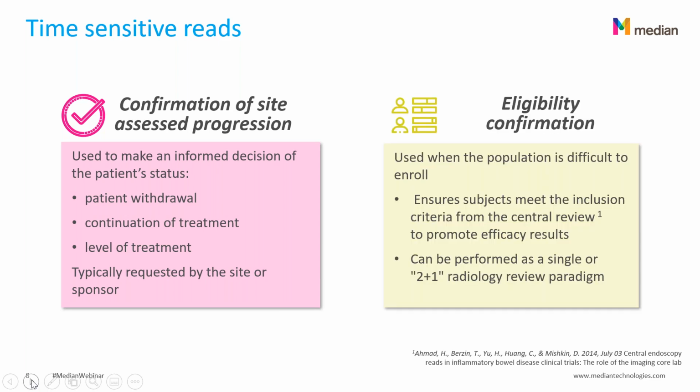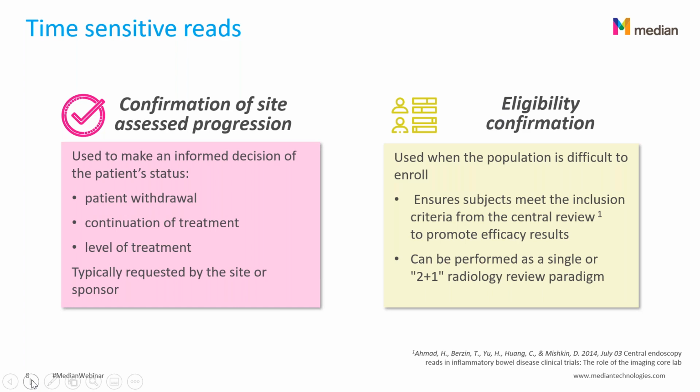The next is eligibility of confirmation. Using this confirmation ensures that the subject meets the inclusion criteria from the central review in order to promote efficacy results. One of the ways that you would use eligibility confirmation is if the population is difficult to enroll.